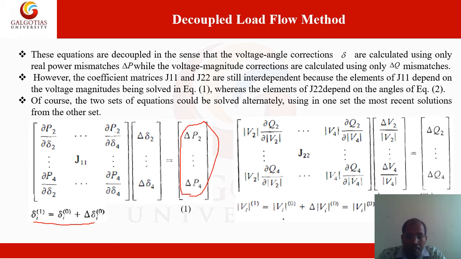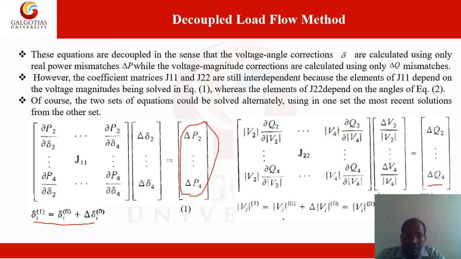Then these updated values we use in the calculation of the reactive power mismatch. Remember that these updated values must be used in the calculation of the reactive power mismatch. So we calculate reactive power Q2, Q3 and Q4.